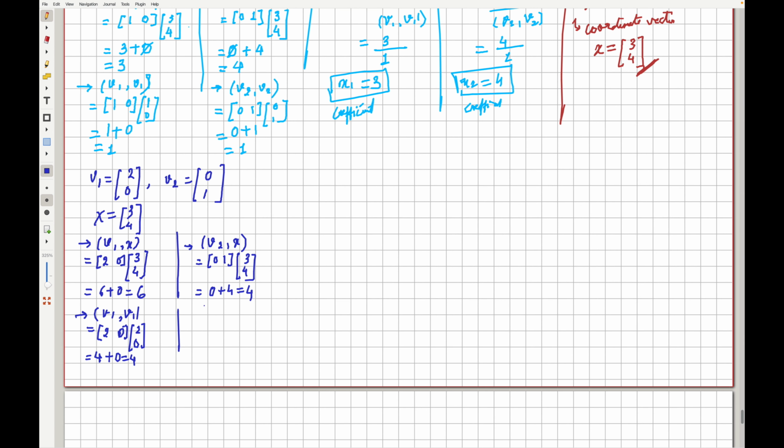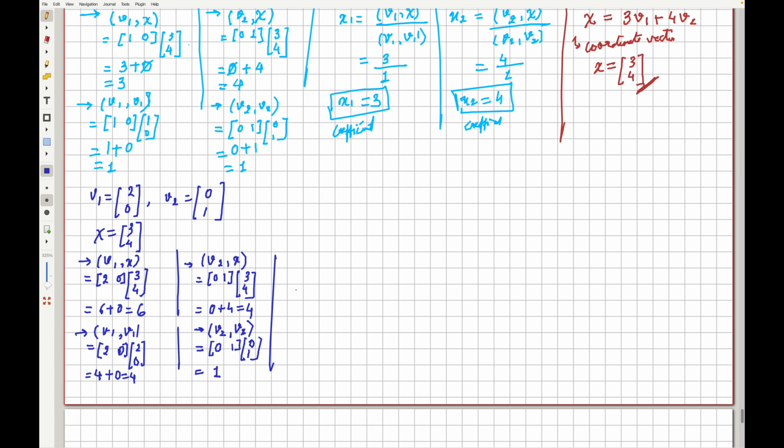If we dot v2 with v2, we already know that v2 is 0 1, so we take that transposed and dot that with 0 1. So 0 times 0 is 0, 1 times 1 is 1, so we get a value of 1.